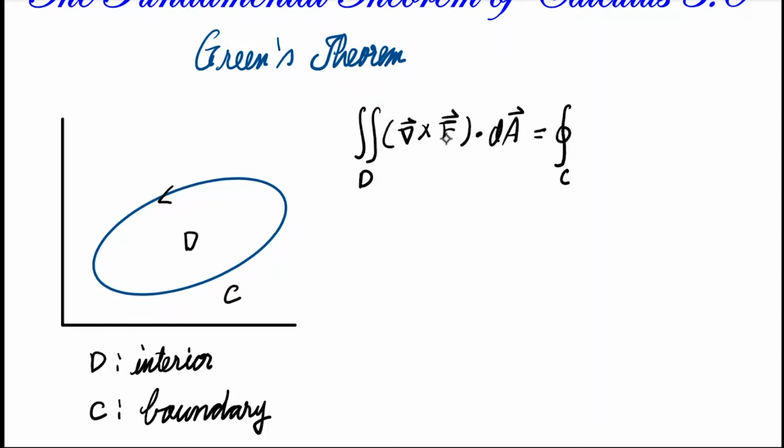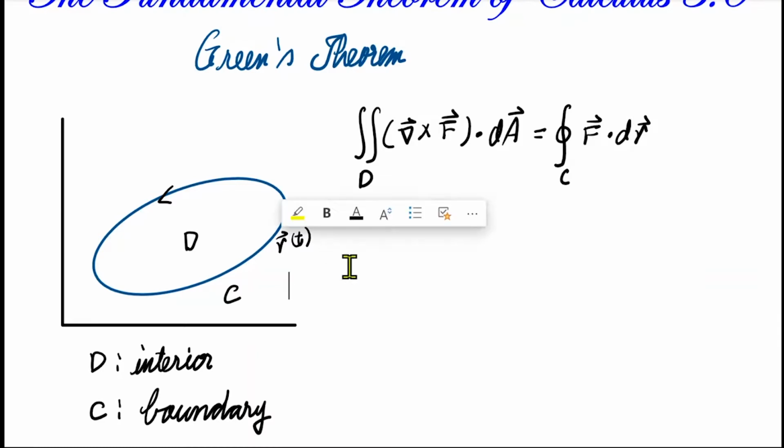So the antiderivative of that thing is just F dot dr. Remember that r is a vector function of t, which describes this curve C. This is the content of Green's theorem.